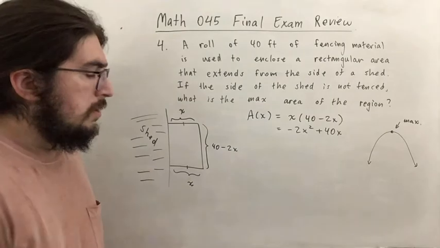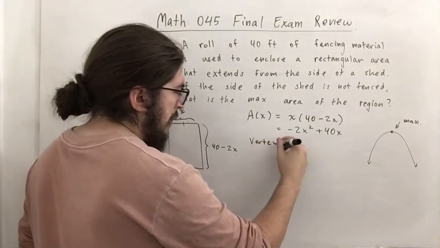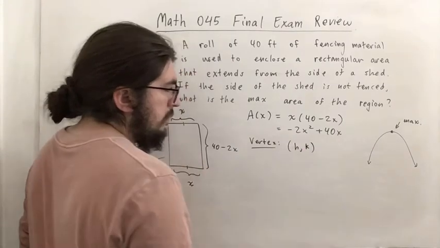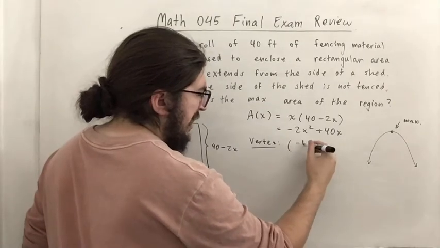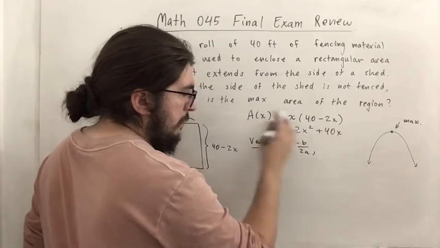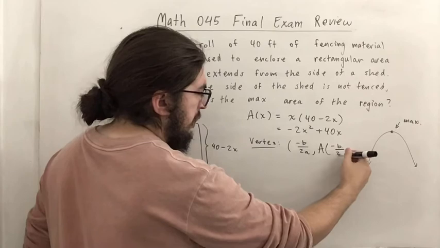Great. So how do we do that? Well, we know the vertex of a parabola is h comma k, where h is negative b over 2a, so maybe I'll write that. Negative b over 2a, and k is f of that. But here I'm calling the function A, so it's A of negative b over 2a.